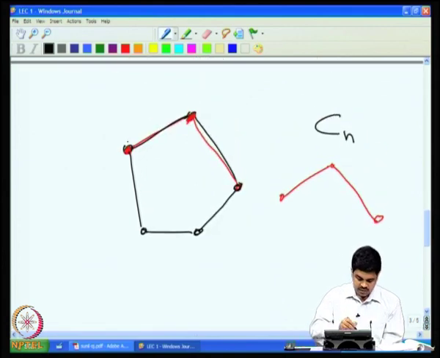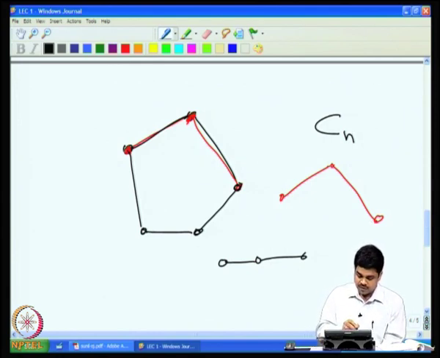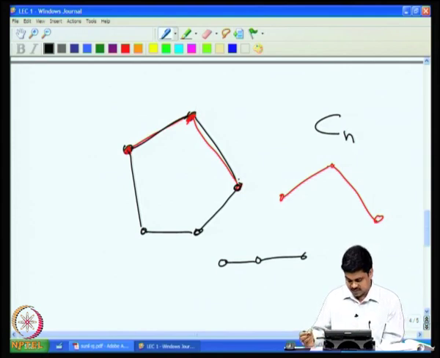Here we selected the vertex set, and what we got is something like this, right. This is called a path graph, a path graph on 3 vertices. When I consider these vertices, all the edges of Cn, the original graph, which have both endpoints in the selected collection of vertices, are there in this subgraph also. Then this is called an induced subgraph.